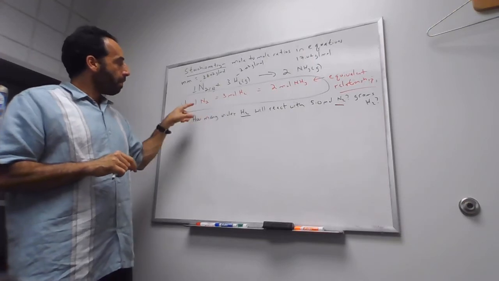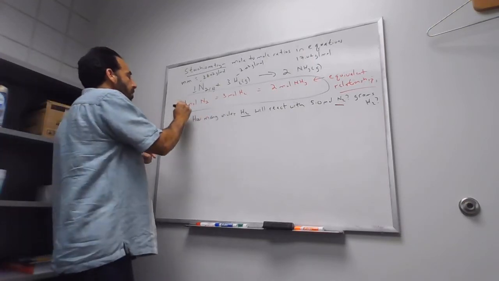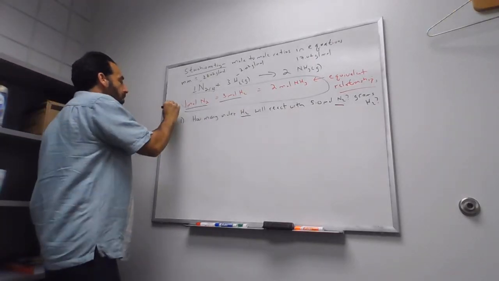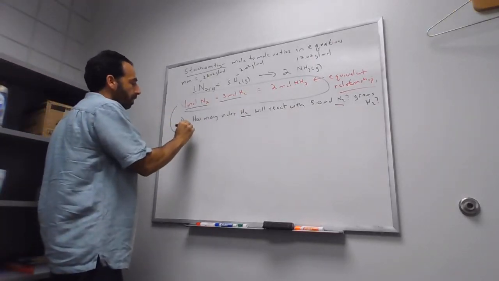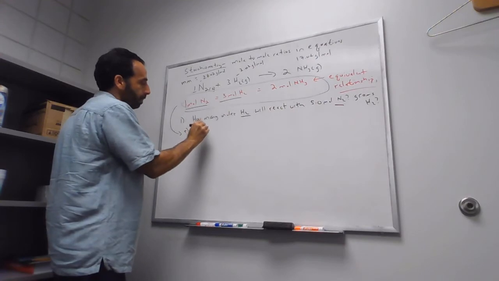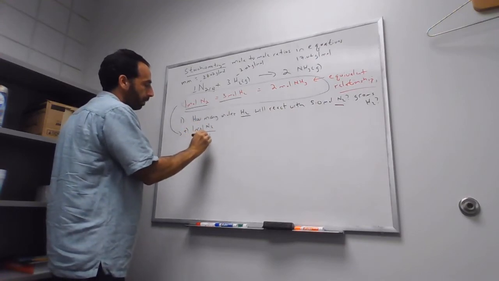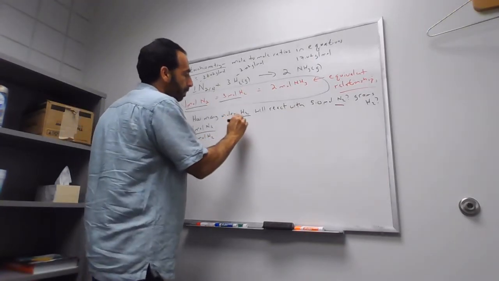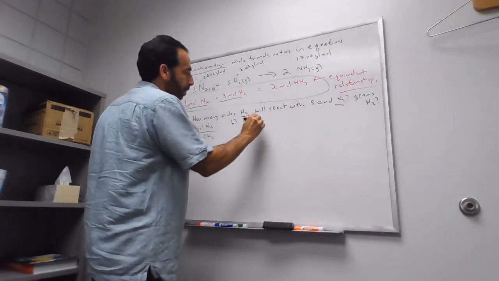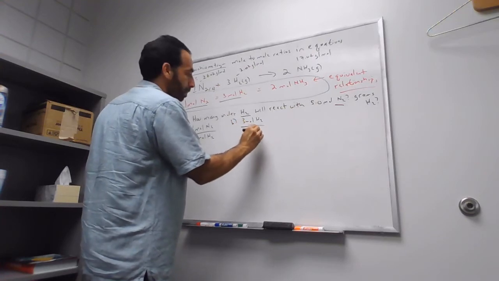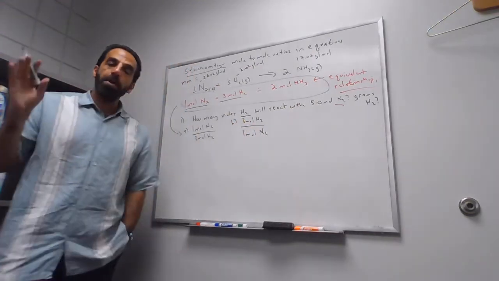Well, when I look at it, I'm going to look at this ratio. 1 mole of N2 reacts with 3 moles of hydrogen, and so I'm going to write it now as a unit factor. So again, we write unit factors.